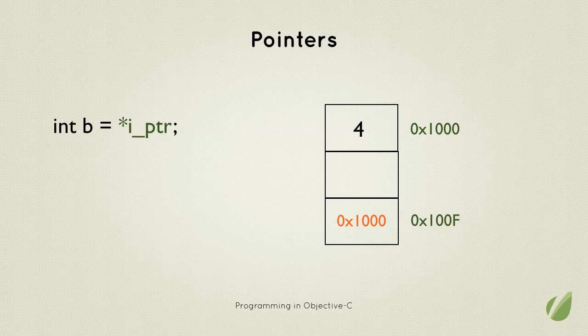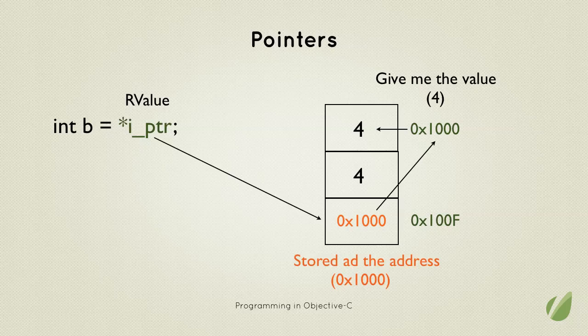In this case, we use the R value of the variable. Passing through the address stored in the pointer, we obtain the stored value, that from the previous example is 4, and we assign it to B, at a new memory address. So, using the star to the right of the equal means give me the value stored at the address stored by the pointer.